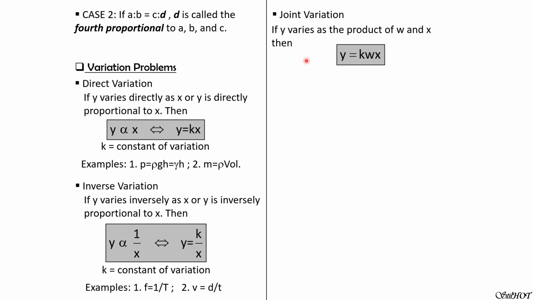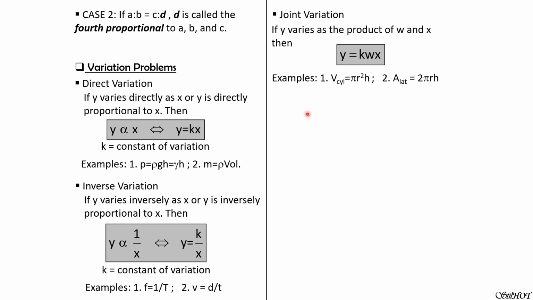It may have exponents of 2 as long as they are written as product. So examples are the following: volume of a right circular cylinder, which is pi r squared h, or the lateral area of a cylinder, which is circumference times height, or 2 pi r h.